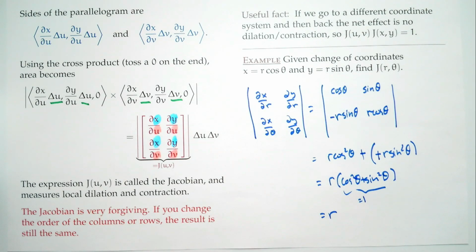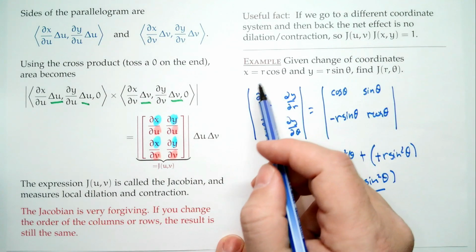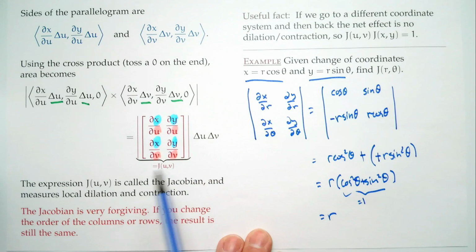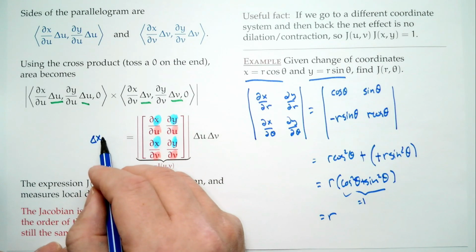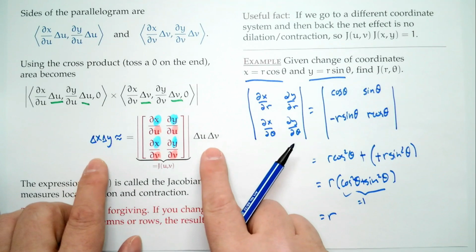Now, that might sound a little bit familiar. Why does it sound familiar? Well, what are we doing here? Changing into polar. And so what the Jacobian is telling us is that delta x, delta y is really approximately this.